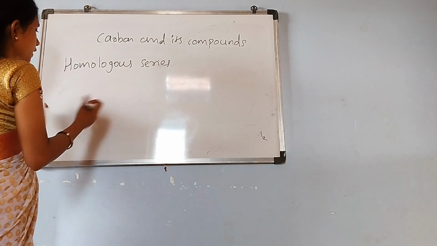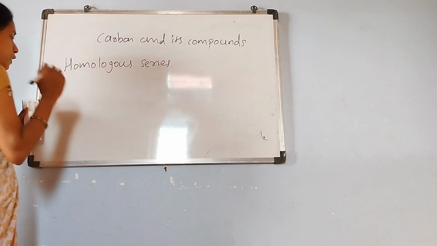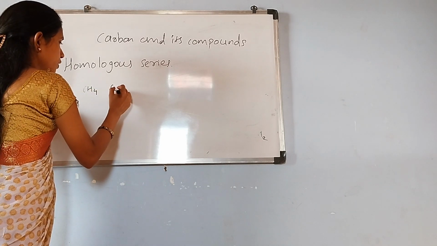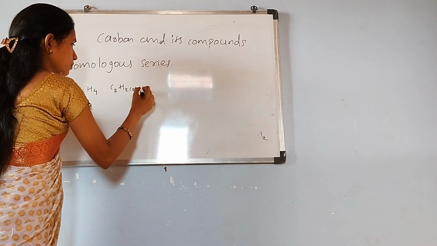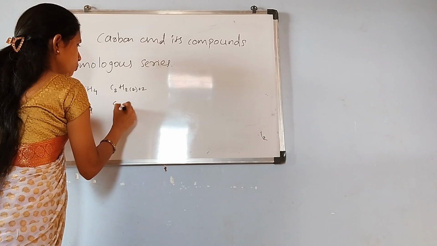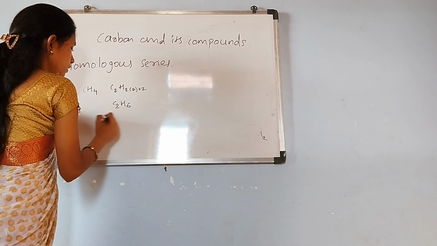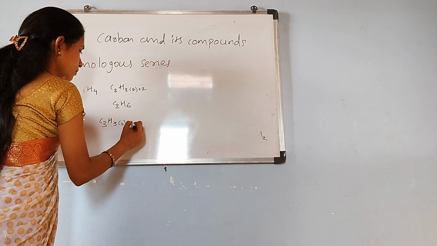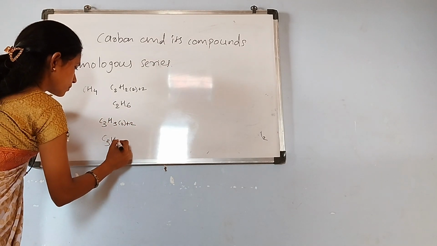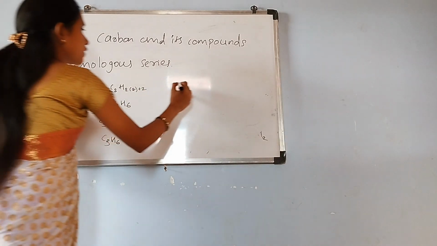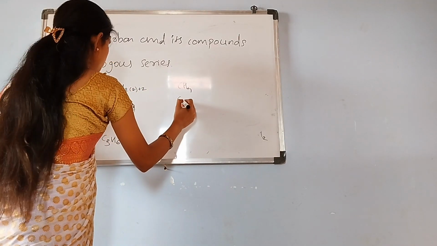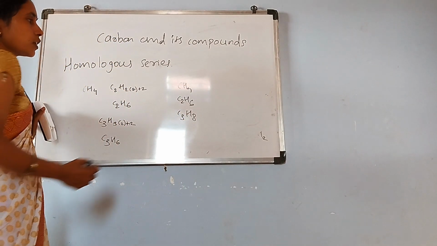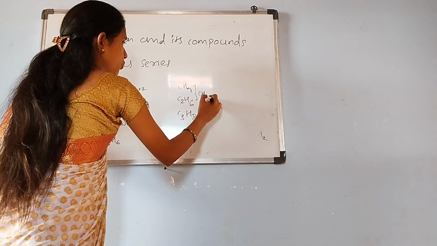Let us take an example of alkane: CH4, then C2H6, then C3H8. In these compounds, what is the difference? Each compound differs from the next by a CH2 unit.